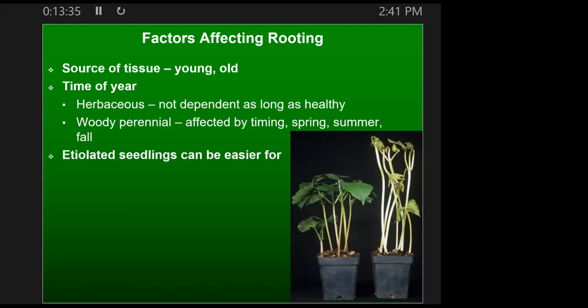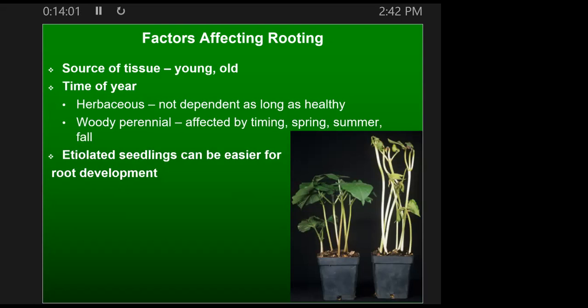I still have not tracked down what is really going on here, but I've seen this in several different resources. They say etiolated seedlings can be easier for root development. I don't know the actual reason for that. I'm still trying to chase that down. But in this picture that you're staring at, the plants on the left are normal, like bean plants.